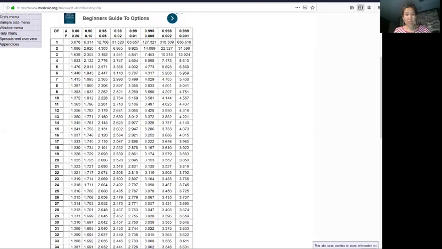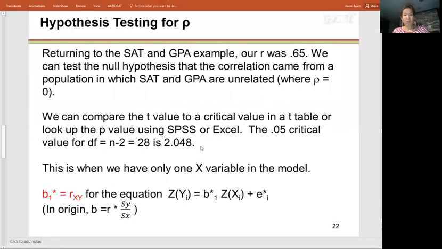So degree of freedom 28, alpha 0.05, and you will see the t-test value is 2.048. Okay, so let's go back to this. That's why this value is found in that way. It's nothing important. We just simply Google it and find out the test value, okay?